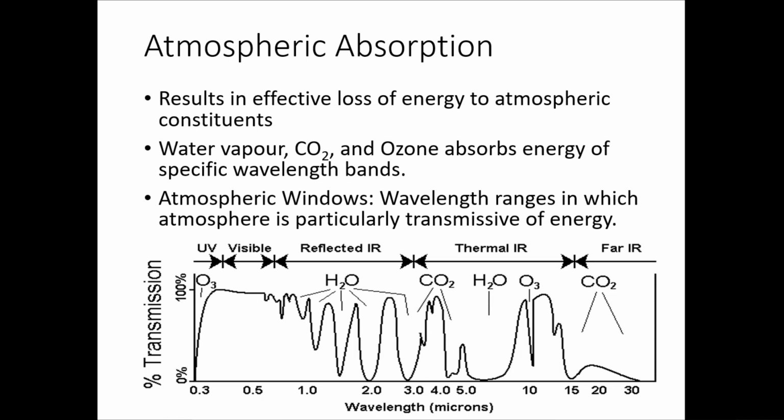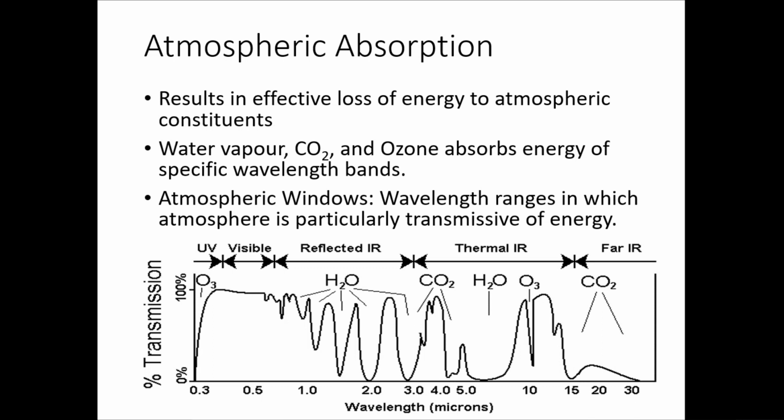Suppose you are looking for a particular feature which emits radiation in the 5 to 7 micron wavelength. Then you have to use such a sensor, right? Based on your specific application, you have to decide which wavelength your sensor should operate in.